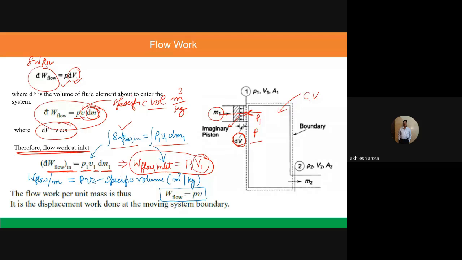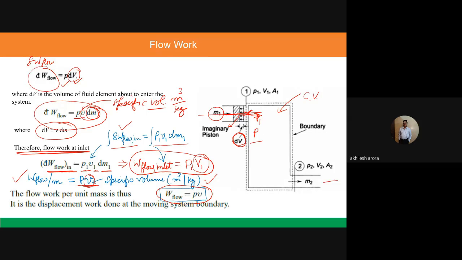Or if I want to calculate the flow work per unit mass, then it is equal to P into v, where once I divide by mass, it becomes the specific volume. So flow work is P into v. When the fluid wants to enter into the control volume, it has to do the flow work.